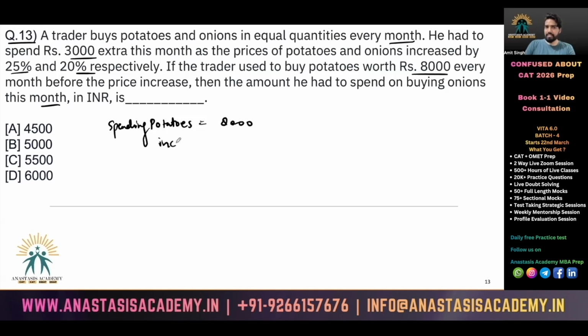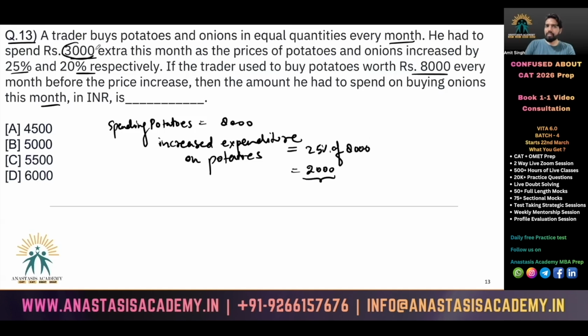The increased expenditure on potatoes would be 25% of 8,000, because this was the total spending on potatoes last month. So it is 1/4 of 8,000, and that is 2,000 rupees. So of this increase of 3,000 extra this month, 2,000 is due to the increased expenditure on potatoes, right?